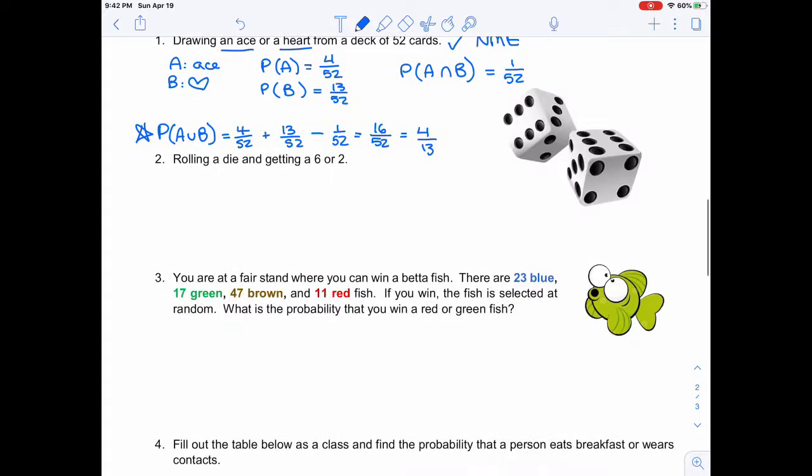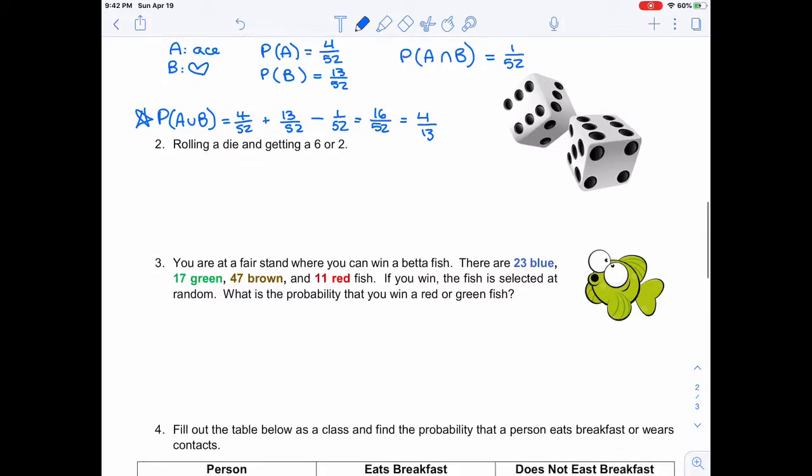All right, now number 2, we have rolling a die and getting a 6 or 2. So again, can we get a 6 and a 2 at the same exact time? No, we can't. So for this one, this is going to be mutually exclusive, okay? So we need just our A and just our B probabilities.